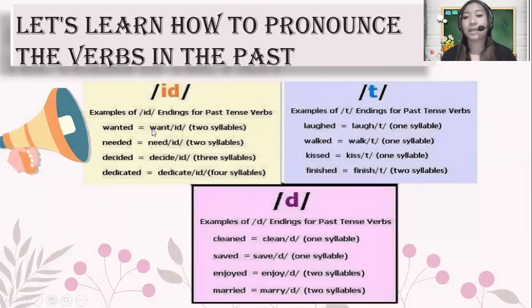So let's practice. We have the verb want, the past form wanted; need, the past form needed. And here are the rules. So guys, I recommend that you study these three simple rules in order to have a good pronunciation.